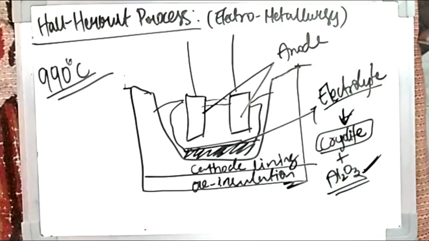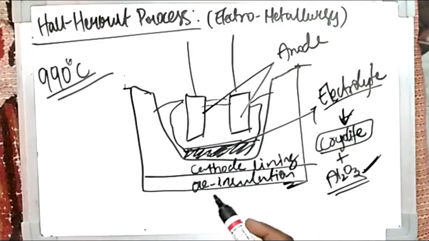We must operate at a temperature of about 990 degrees Celsius, and once the whole cryolite melts, only then we have to add the alumina, that is nothing but the Al2O3. Now what happens? This alumina reacts with the melt, and it decomposes because of the electricity to yield aluminium and oxygen.